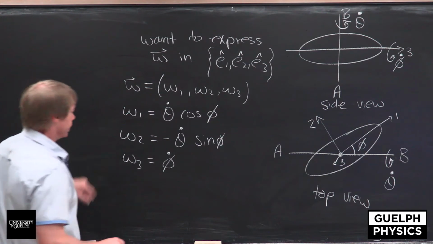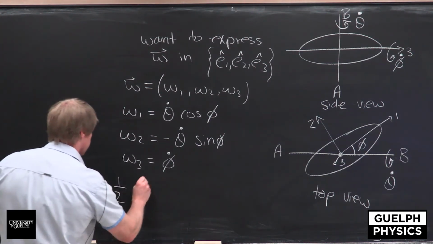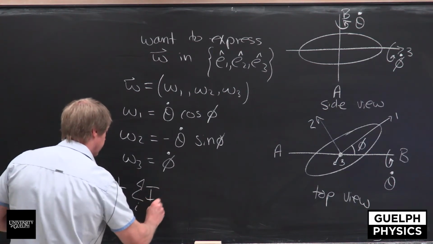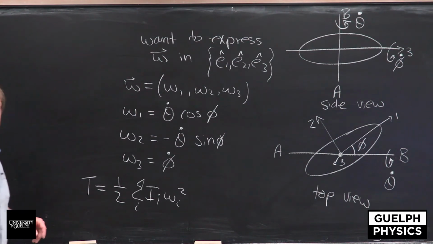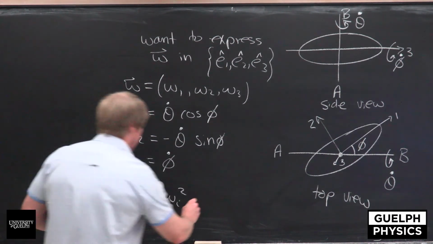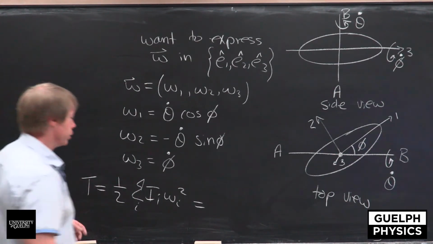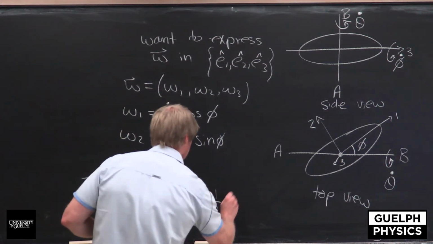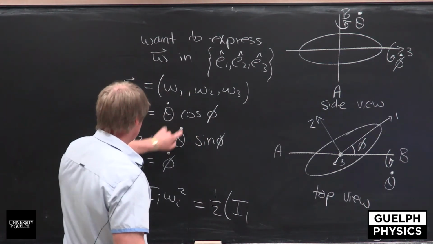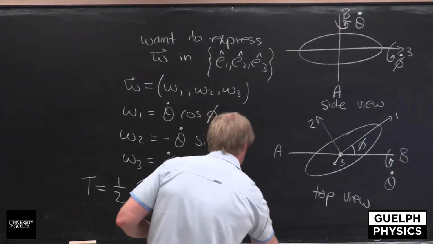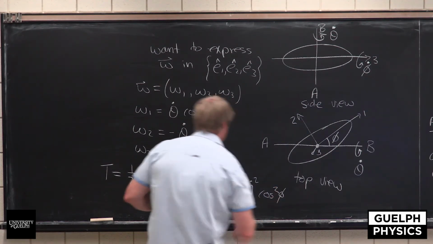So if I want the kinetic energy, this is 1/2 I omega squared. And I can just instantly write down what the kinetic energy is of this body. So it's 1/2 I1, and I1 squared, that's a theta dot squared cos squared phi.